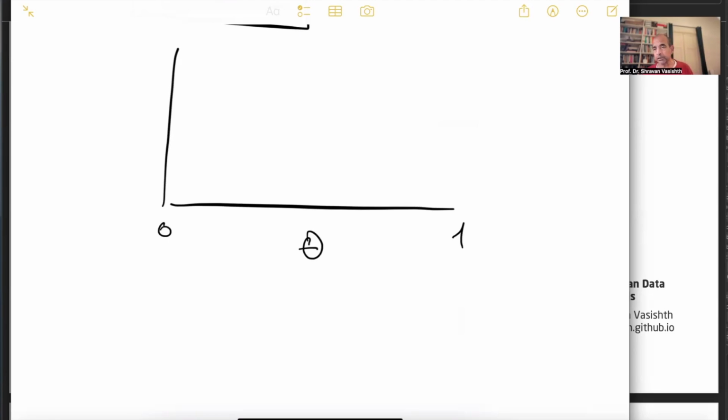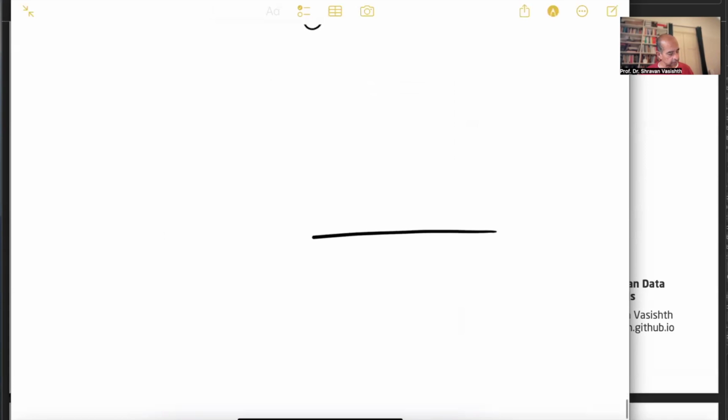One possible prior distribution that I could come up with could be a uniform distribution. What this distribution would say is that a priori, every possible value of theta is equally likely. That's one possibility. Another possible prior distribution I could come up with would be something like this.